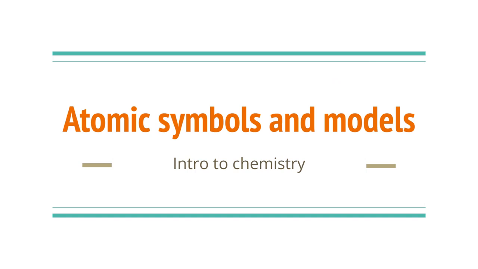But right now, what I'm going to be doing is atomic symbols and models. We are going to be learning how to read the periodic table of elements and why it's so important that we do so. And this is just intro to chem. It's like pre-intro to intro of chem. So I recommend having a periodic table in front of you. It helps so much. That way, when I'm blabbing along, you can figure out what's what.